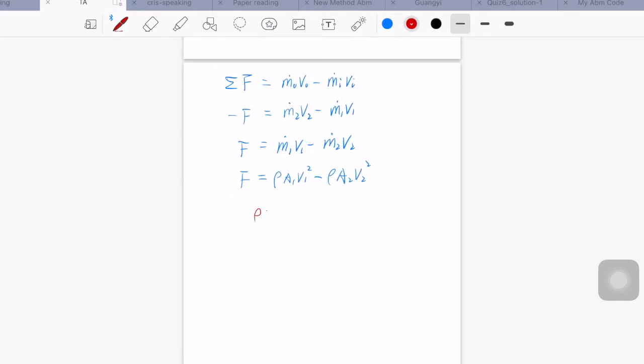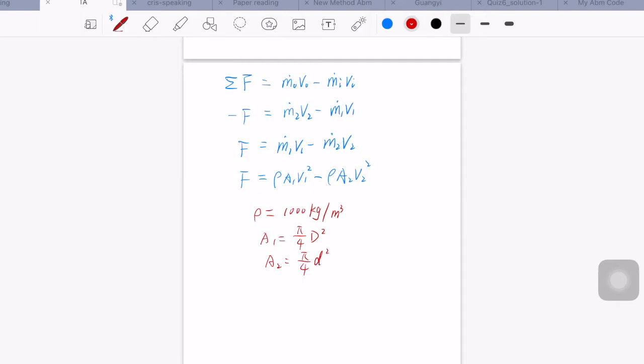And from the problem, we know that the water temperature is 10 degrees Celsius. So we can find that rho should be equal to 1000 kilograms per cubic meter. And we also know A1 should be equal to pi over 4 times D squared, A2 should be equal to pi over 4 times small d squared.